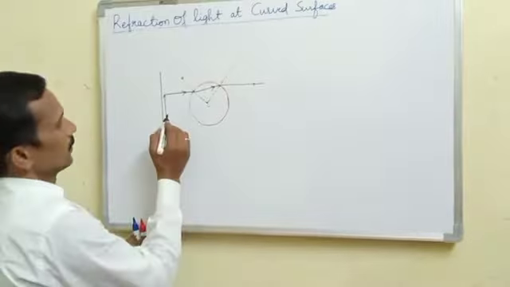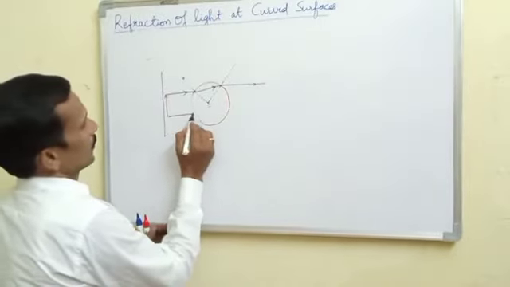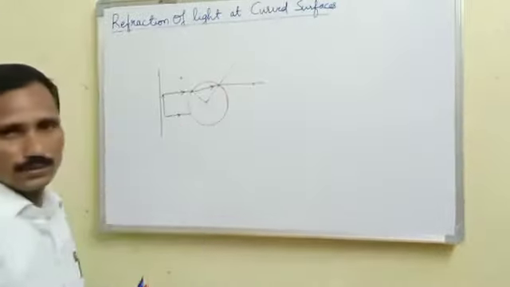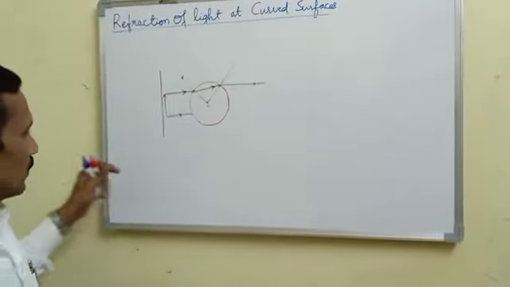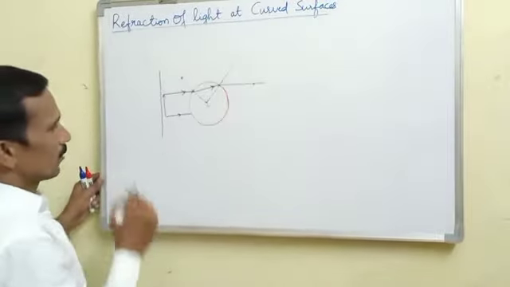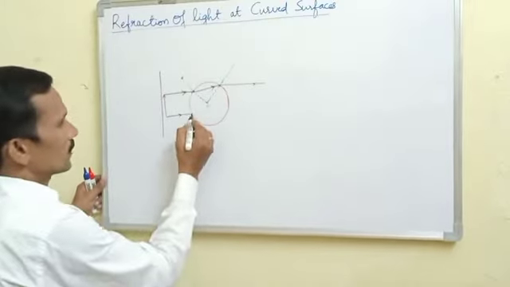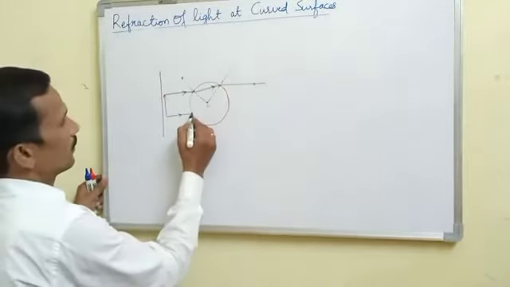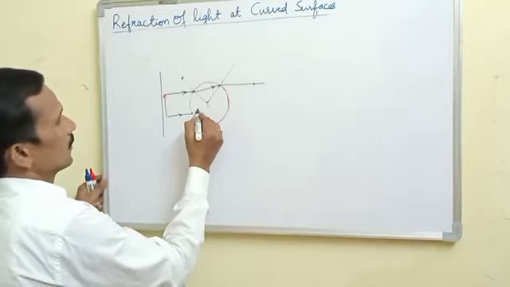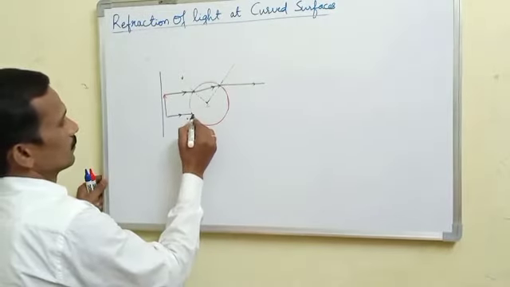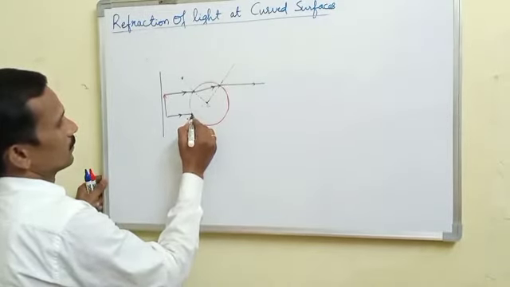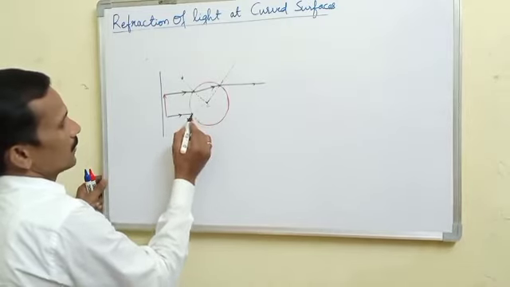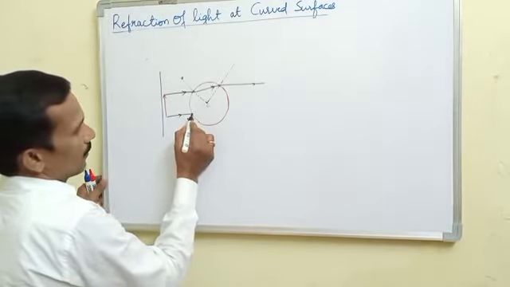Next, the second ray, which is from the bottom of the arrow mark. The ray coming from the bottom of the arrow mark strikes the convex surface. Here also a little bit of bending, towards the normal. This is the normal here. And denser to rarer, it moves away from the normal.